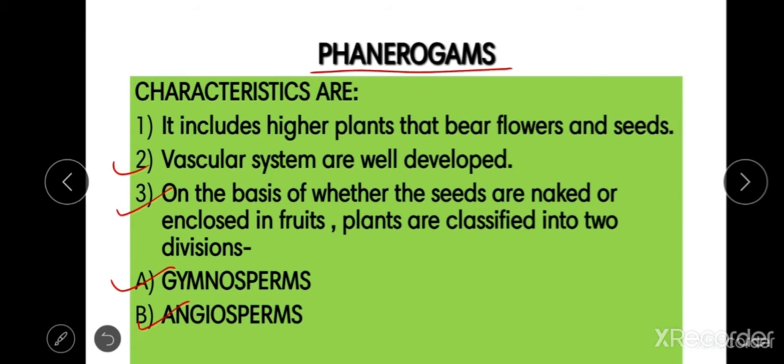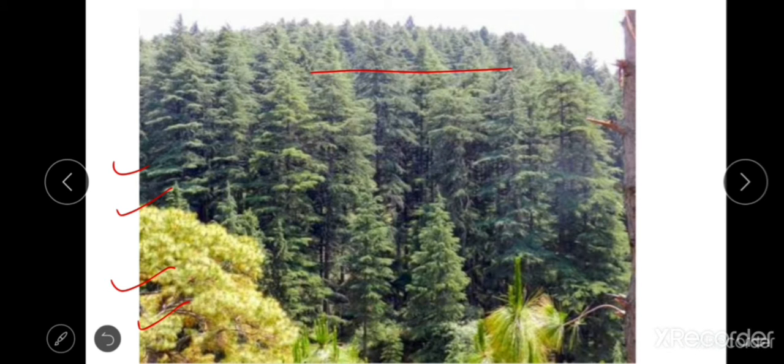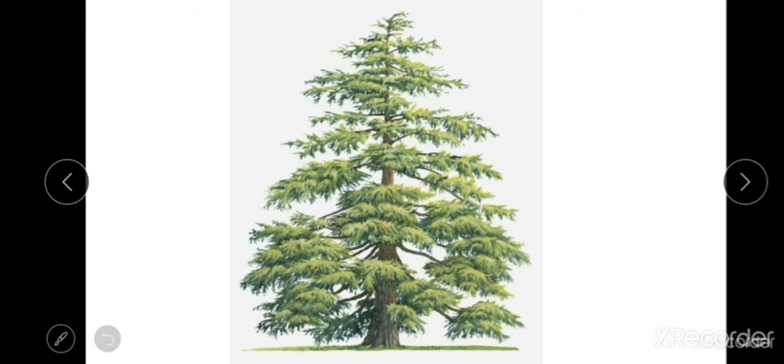Now look at this picture, students. A picture of a pine forest. You can see these green, woody, tall trees. They are found in northern and Himalayan regions. Moving to the next picture, here you can see a Deodar tree, which looks like a pine tree.